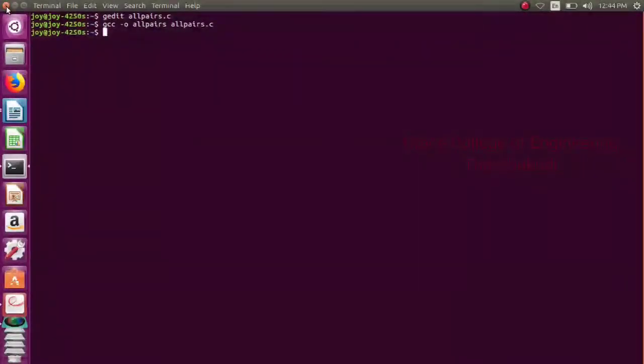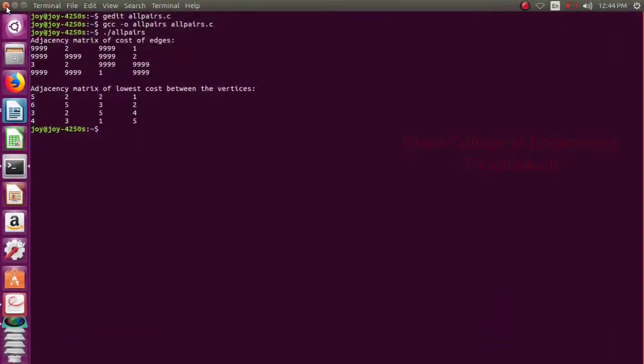Suppose if you have any errors, go to the text editor window, save and close, then once again compile the program. For running the program, use the command ./allpass and enter.